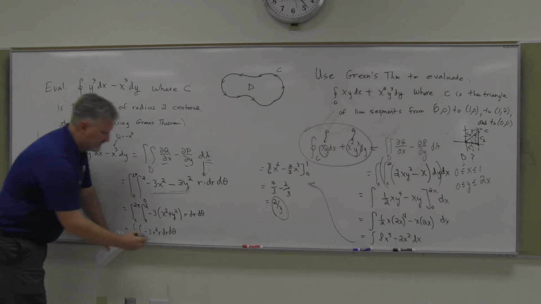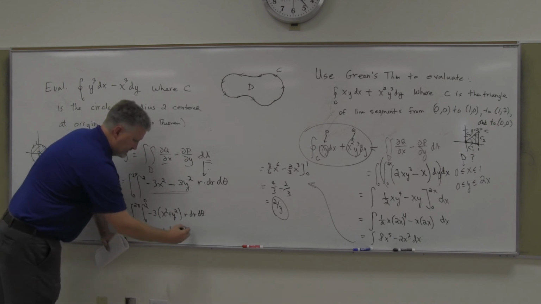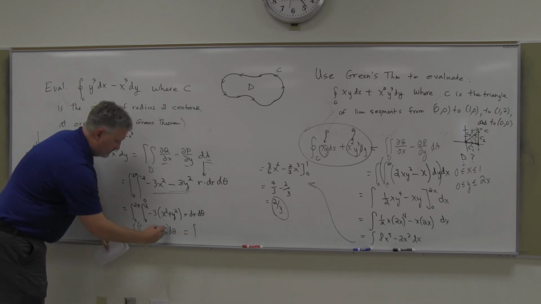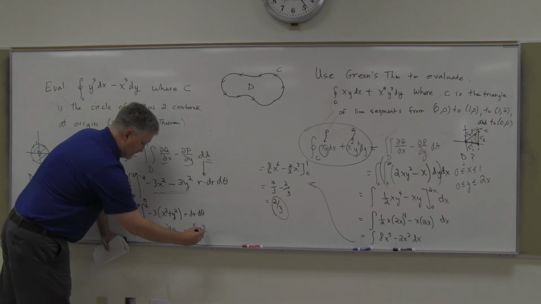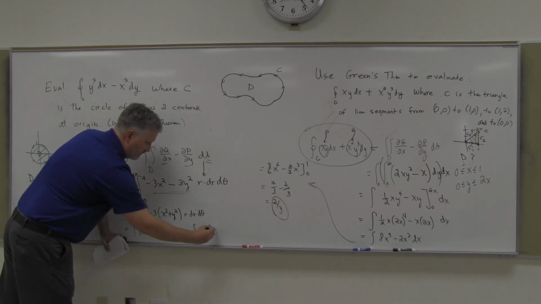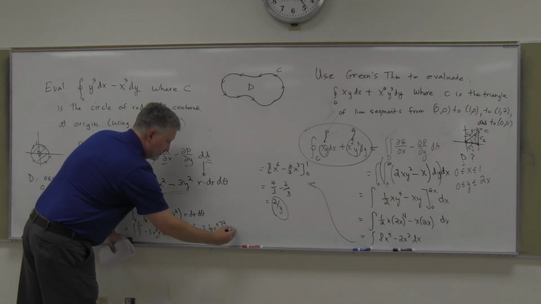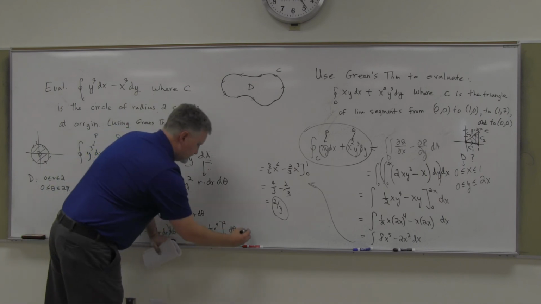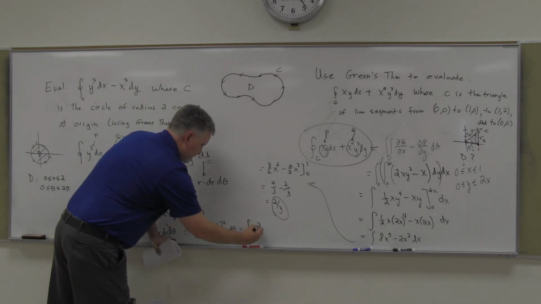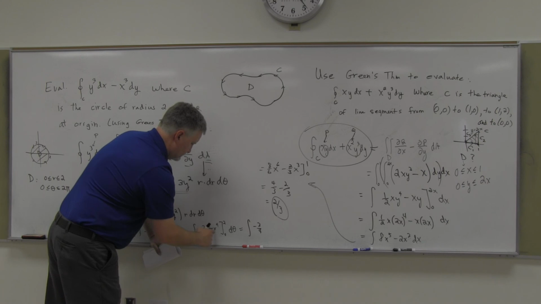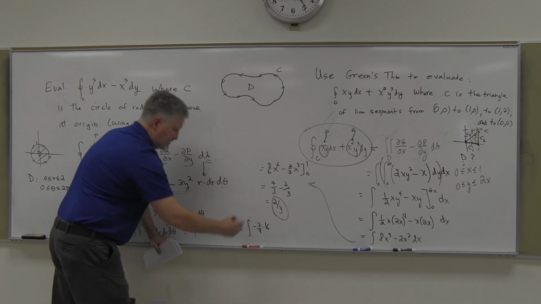And so come to find out it's actually a pretty easy double integral. So you do the r's first. Oh, that'd be r cubed. So it'd be negative 3 times 1/4 r to the 4th, and we're doing that from 0 to 2. So that's negative 3/4 times 16 minus 0.